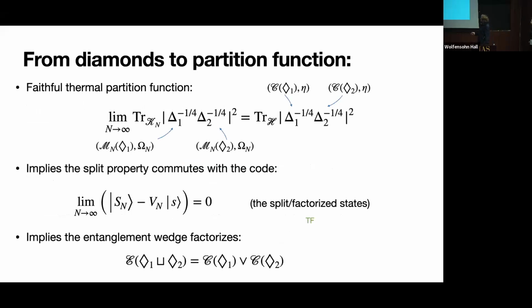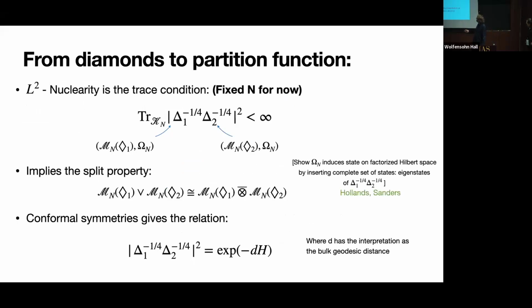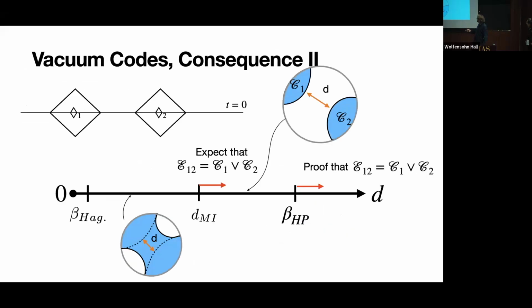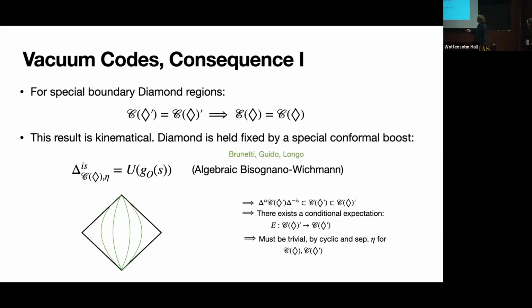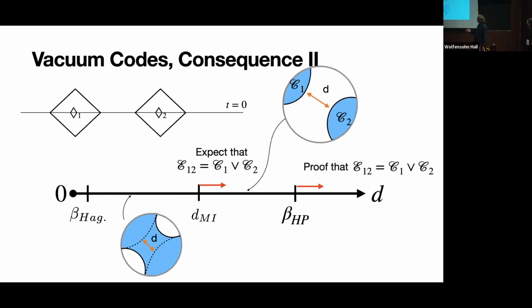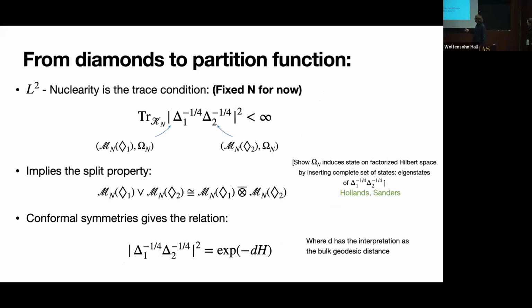Another way to talk about the split is to think about M_{n,Δ1} as being a subalgebra of M_{n,Δ2}'. If it's split, you can find a type 1 factor in between, the split factor.